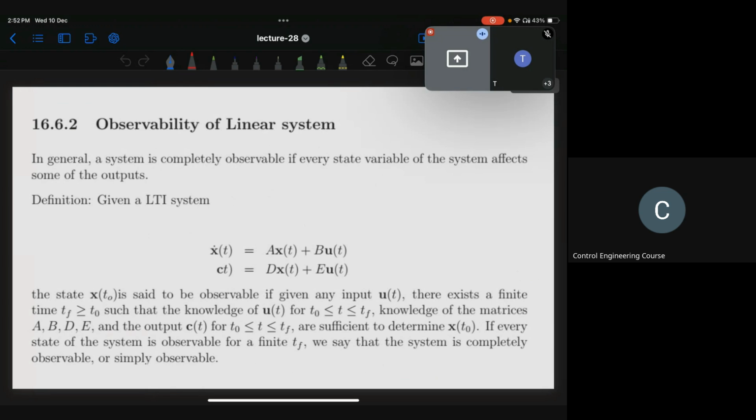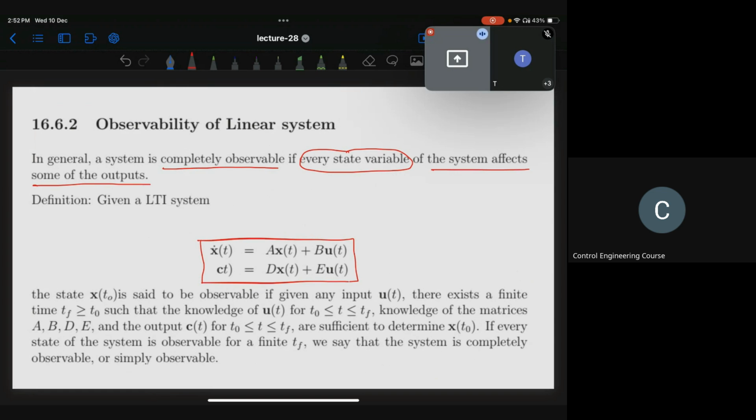So let's get to observability. Again we have the system of equations. The system is completely observable if every state variable of the system affects some of the outputs.